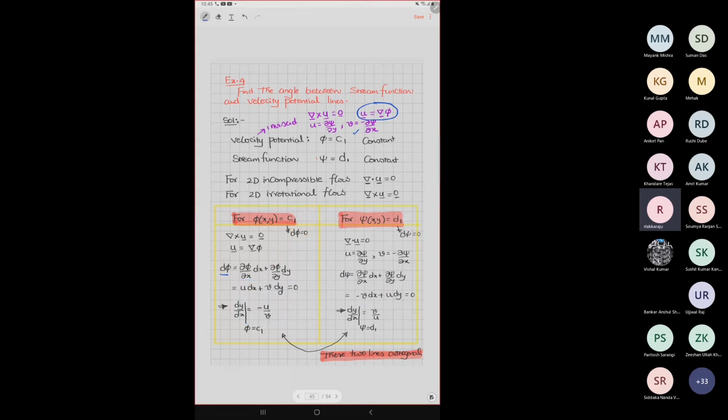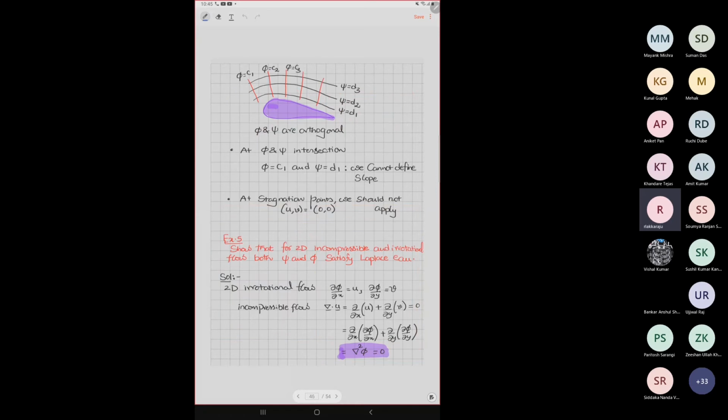so if I am going to show, it can be any object, maybe your aerofoil. There are certain lines going along the object, which we call in some sense streamlines. Psi is equal to d1, psi is equal to d2, psi is equal to d3. Flow is coming in this direction, two-dimensional flow, and you are looking at flow over a wing. A specific example.